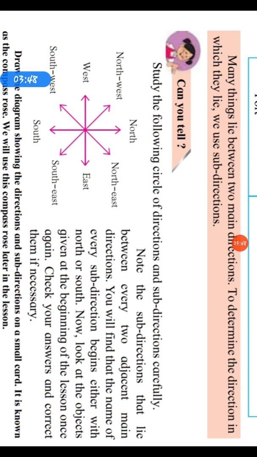Now see, many things lie between two main directions. To determine the direction in which they lie, we use subdirections. So we have to determine in which direction the objects in the previous picture were. To determine those directions we use subdirections. Now let's see what the subdirections are.